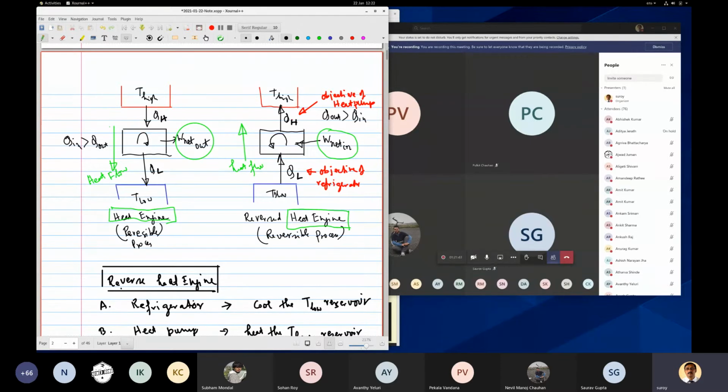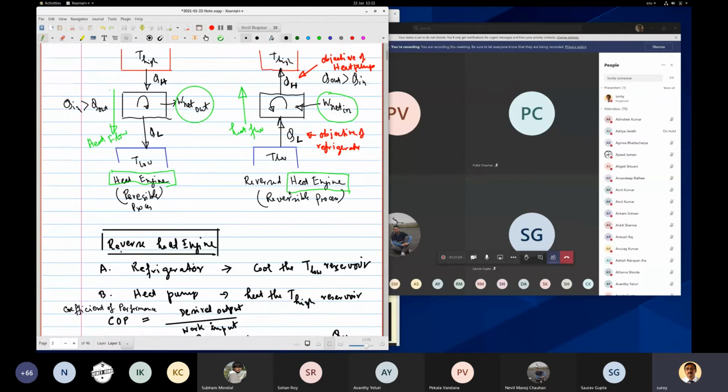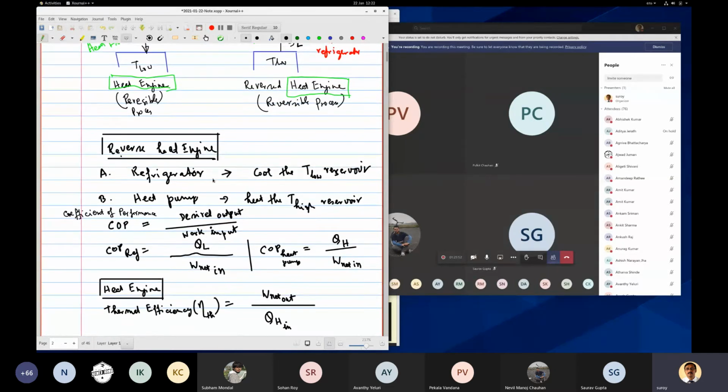So a reverse heat engine can be operated with two different objectives. Refrigerator means cool the low temperature reservoir; heat pump means heat the high temperature reservoir. In many foreign countries, where the outside temperature can sometimes be very cold and sometimes very hot, in their homes they operate a reverse heat engine sometimes for cooling, sometimes as a heat pump.